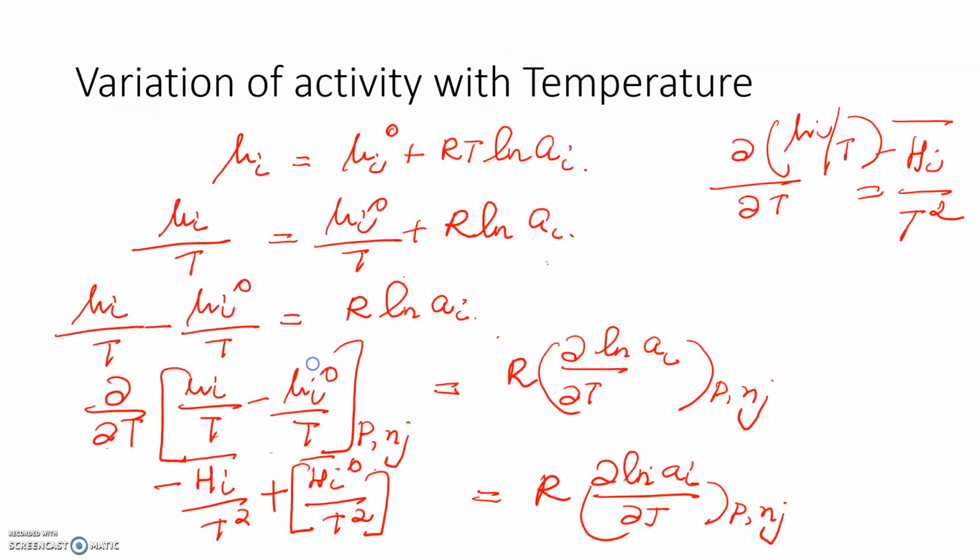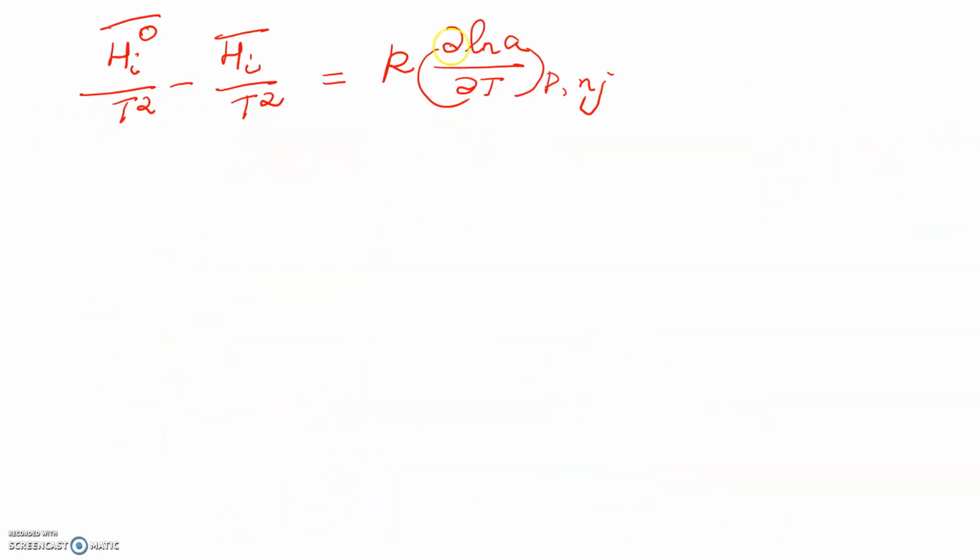So what are we trying to do? We are trying to find the variation of activity with temperature, that is ∂ln a/∂T.